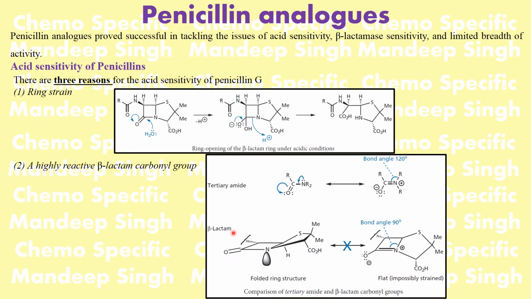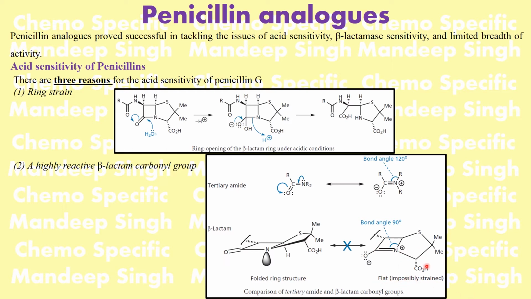Whereas in the beta lactam, this is the half book conformation, right? That's what I said, half book conformation it has. So it has a folded structure. So the lone pair of electrons on nitrogen just cannot undergo conjugation, because for this conjugation to take place, this ring has to have this 90-degree angle, which is just not possible.